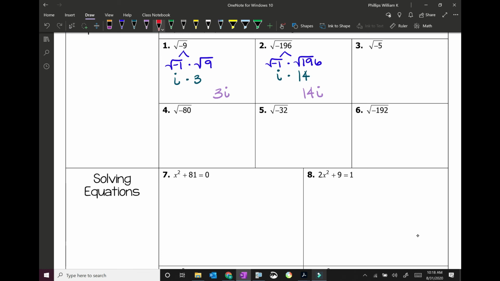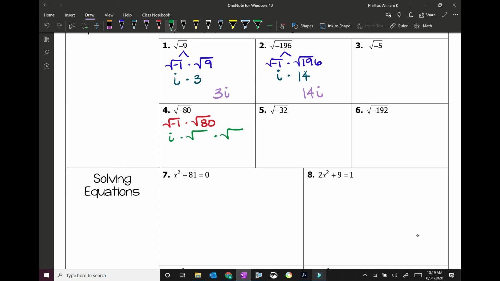So let's come down and try one like number 4. We have the square root of negative 1 times the square root of 80. And now we're going to simplify here. The square root of negative 1 is i. The square root of 80, we need to break this down so we have the largest perfect square.